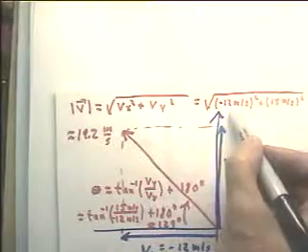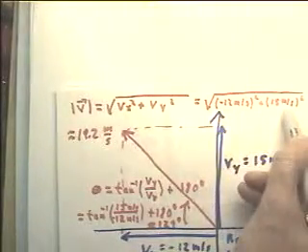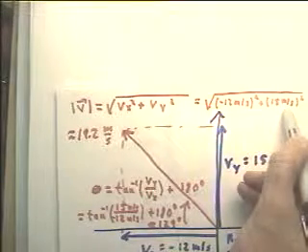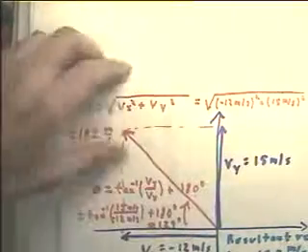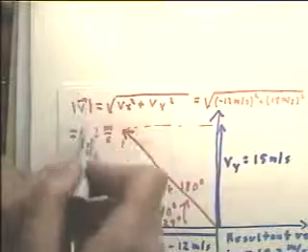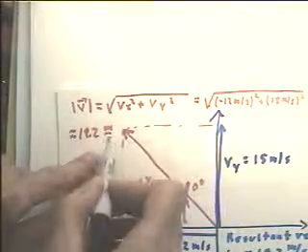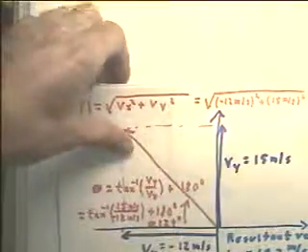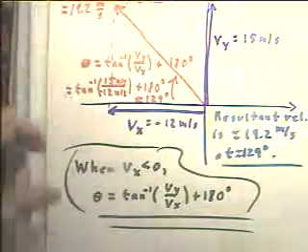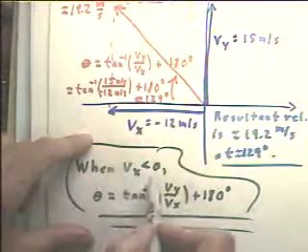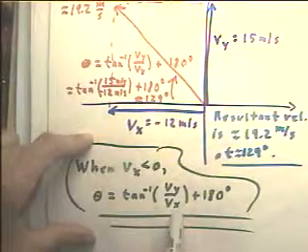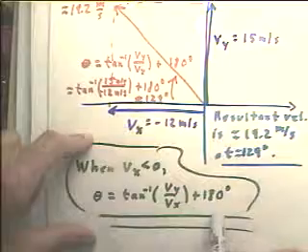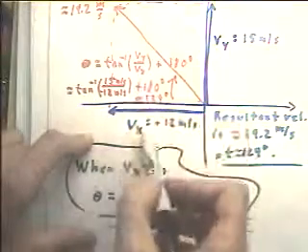You get 144 here and 225 here, which I believe gives you 369, and the square root of that gives you 19.2. So the resultant velocity is 19.2 meters per second at 129 degrees. And we note here, whenever the x component is less than 0, the angle is going to be the inverse tangent of the y component over the x component, plus 180 degrees to bring us over into the second or third quadrant.